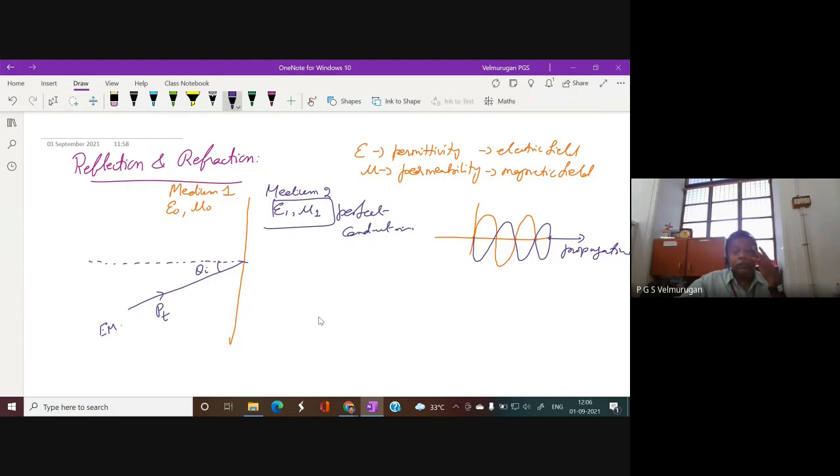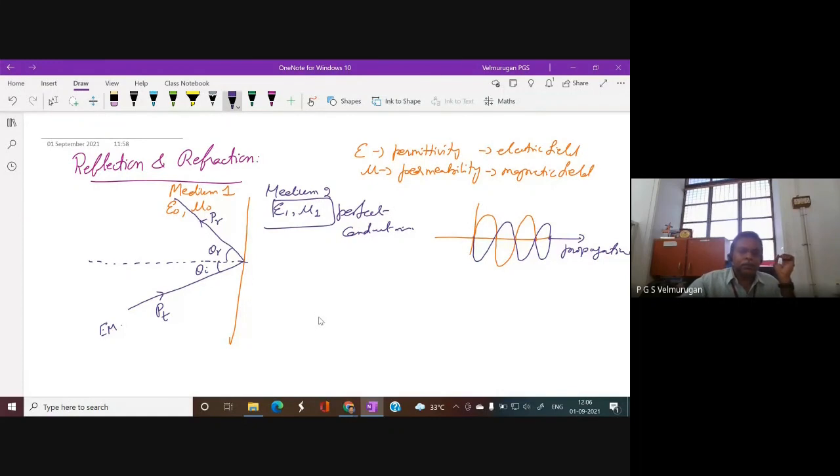Suppose it is a perfect conductor, what it will do is reflect all the energy into medium 1 itself. So this is the angle of reflection, let it be theta r, and the reflected power is denoted by Pr.